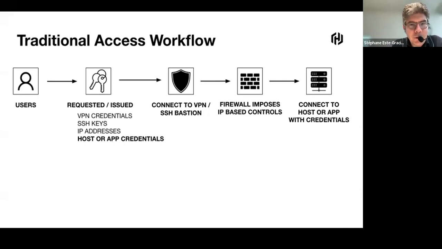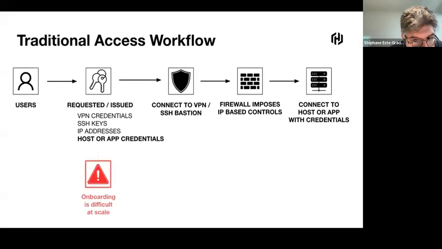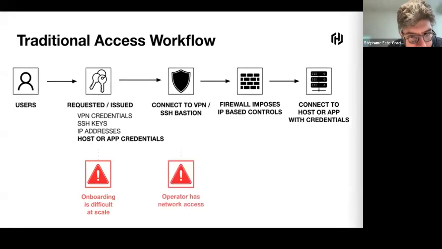So at the end of the day, if you want to connect to these applications, you see how difficult it is to manage the connections, and to manage this at scale will be difficult. It's difficult to onboard new people on the process, as well as to offboard people, to revoke credentials, revoke access, etc. Then the operator that connects to the SSH bastion host or VPN has access to all the network, not only the application that is targeted.